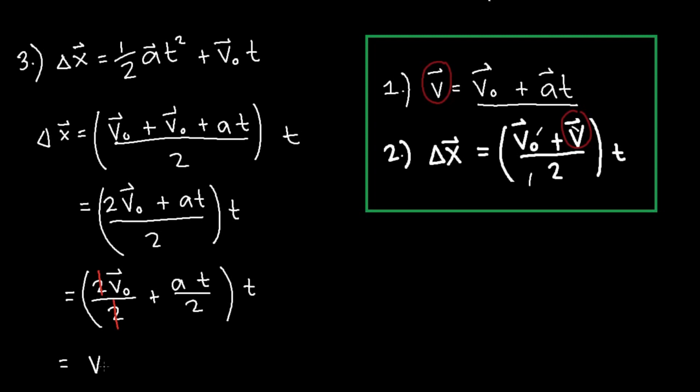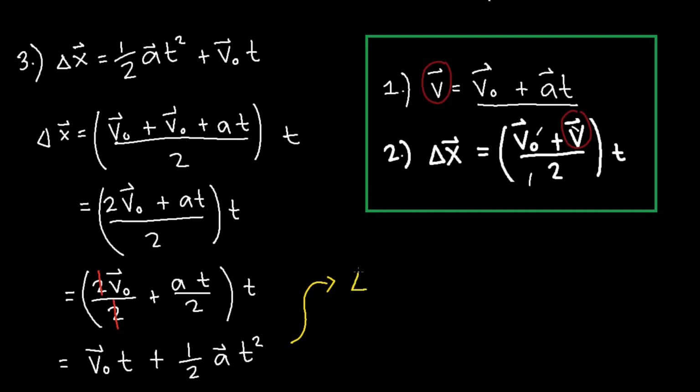So initial velocity times time plus 1/2 acceleration times time squared, which is identical na dayon kung atong ibaylo ang position nila duha.